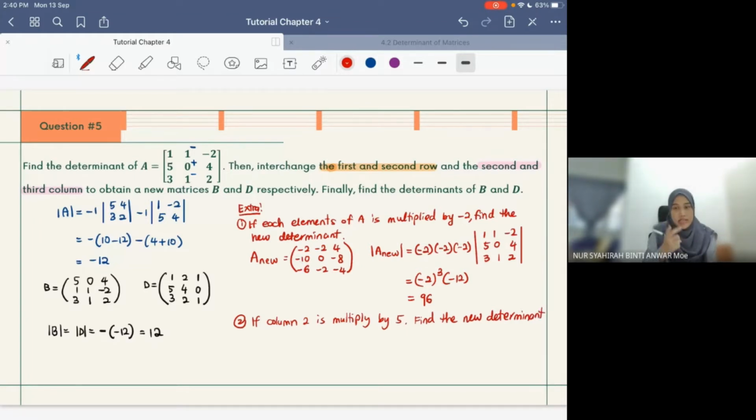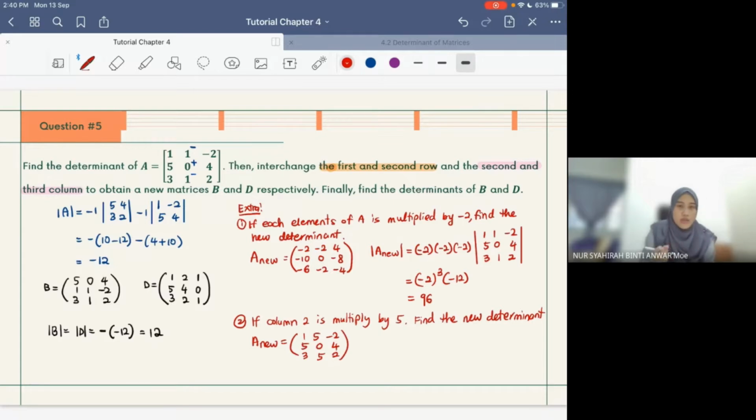Ini kita gunakan matrix A jugalah. Okay. Sekarang ni dia kata kolom 2 sahaja yang didarabkan dengan 5. So this column only. So that means our A new adalah 1, 5, negatif 2, 5, 0, 4, 3, 5, 2.